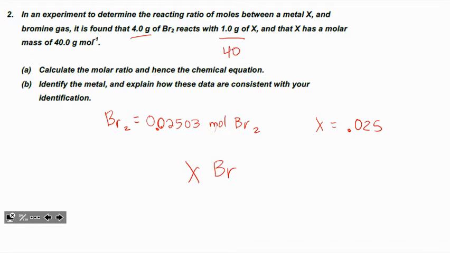And if we look at our periodic table, remember this is going to be a +1, because this is a -1. That means that I'm dealing with an alkali metal here, and the alkali metal that has a molar mass of 40 is going to be potassium. Okay.